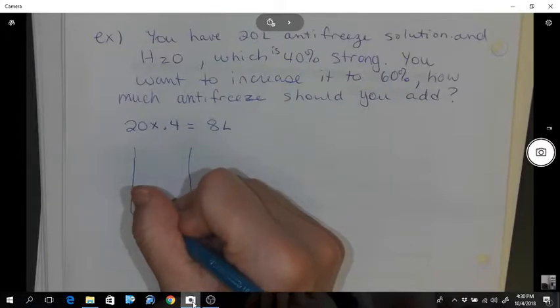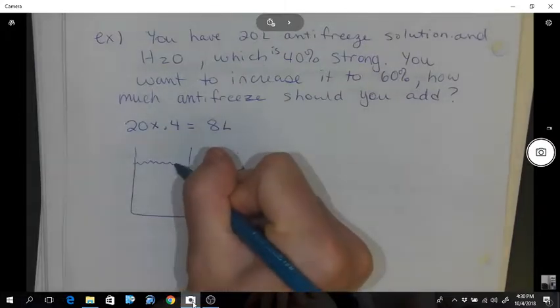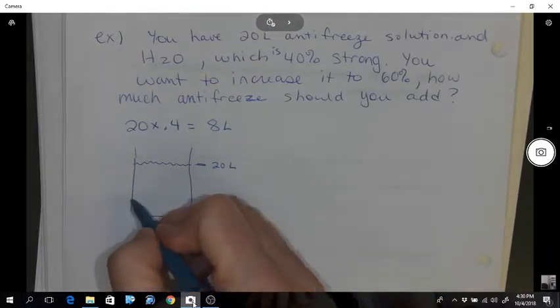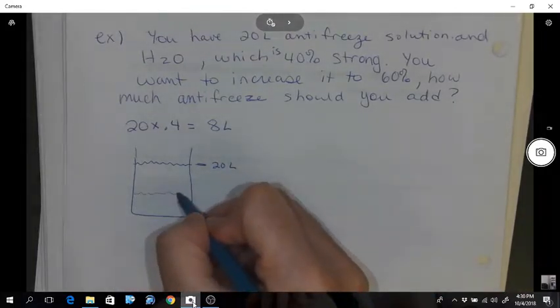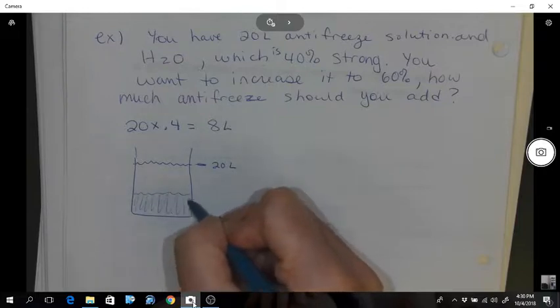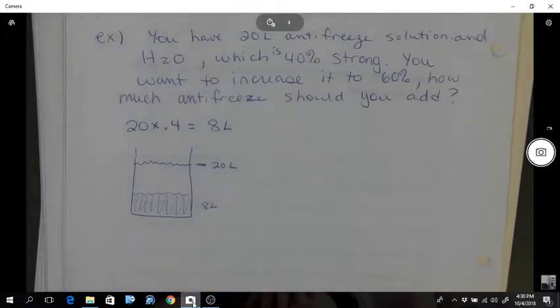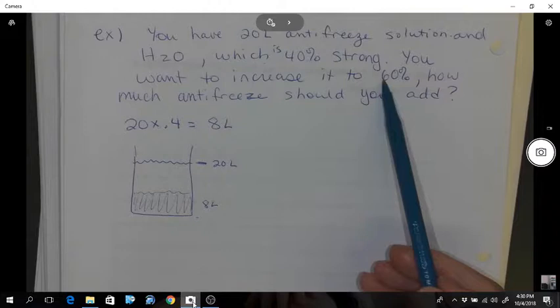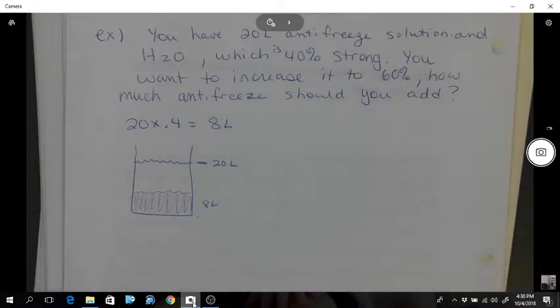Right now it is up to here, 20 liters, okay? And I'm gonna go like this to represent 8 liters of that being antifreeze. That's what we start with. Now you want to increase it to 60%. So you're not going to pour water in, you're just going to pour antifreeze in to make it stronger.